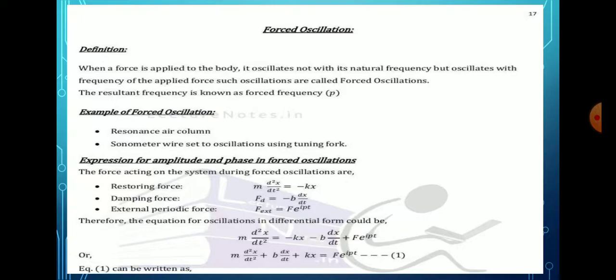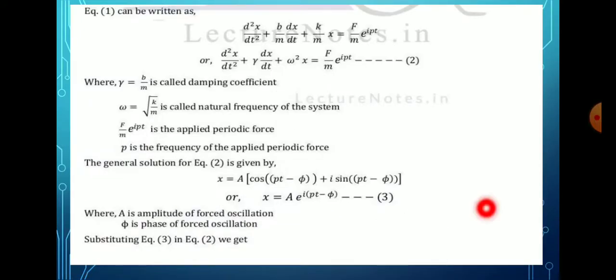This equation 1 is written as d square x by dt square plus b by m dx by dt plus k by m x equal to f by m e raised to i p t, where we divide the whole equation by m.